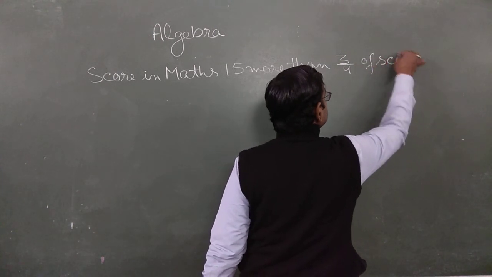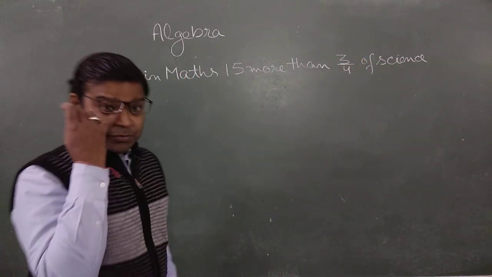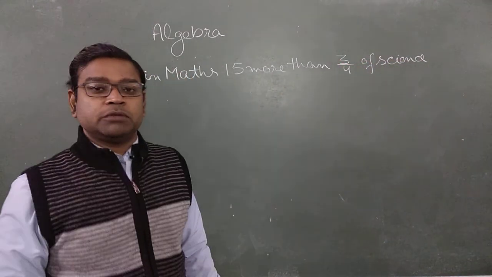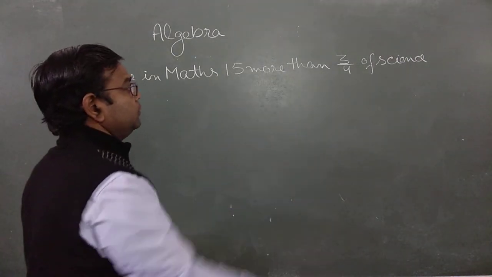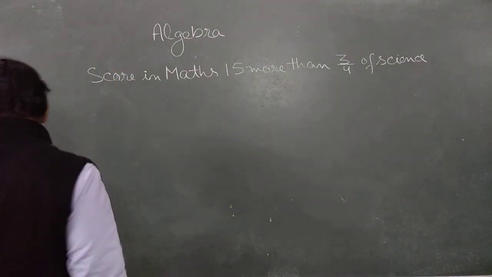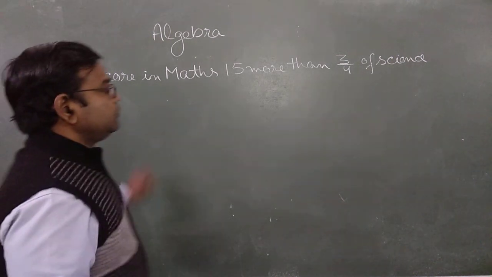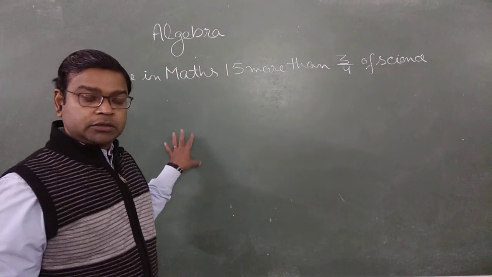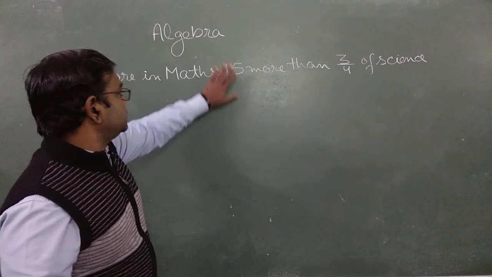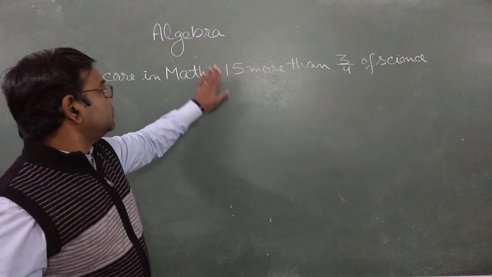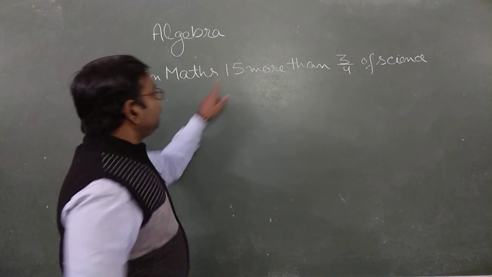Always remember, 3/4, 3 by 4 is written over there. 3/4 means 3/4 of science. 15 more than 3/4 of science. Once you are able to understand this concept, you can easily generalize the formula. You can easily find out the score in maths. First, score in maths is, I forgot to write over here, 15 more.